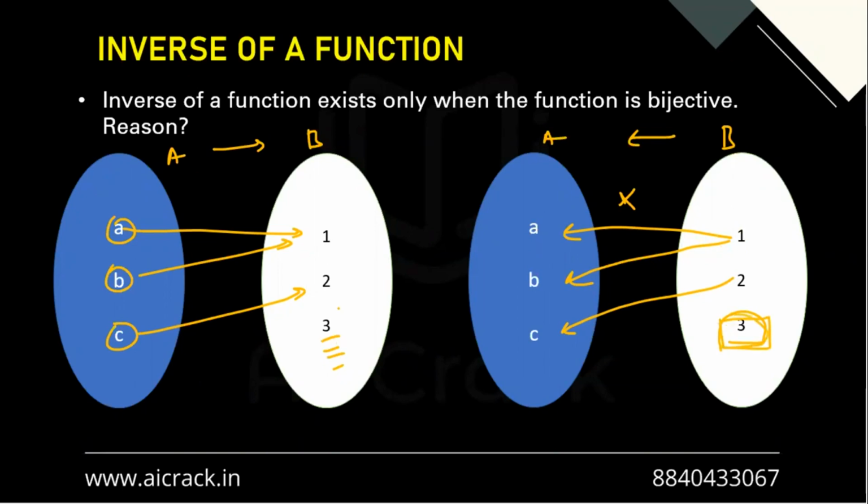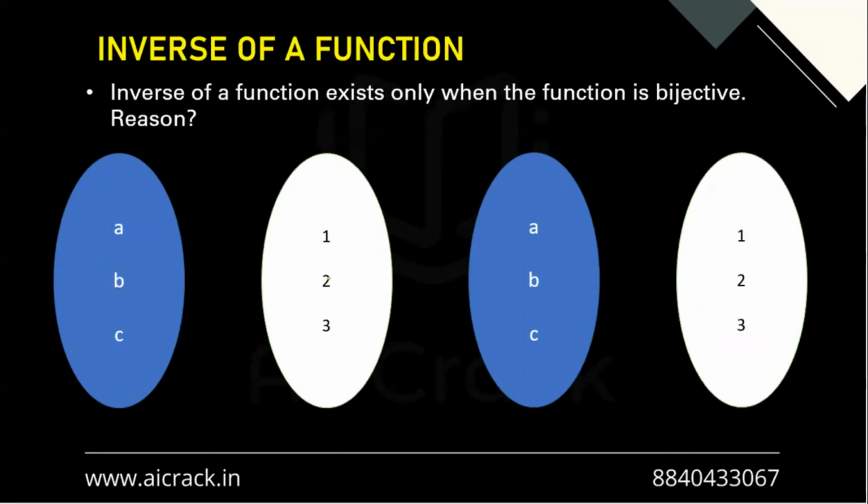Initially it was fine because B was the codomain, but here B is the domain. So in the case of functions, B is the domain and every element has to be mapped. So 3 is not being mapped, and also these are divergent arrows. So 1 is having two images in set A. That is also not possible as per the definition of a function. So that's why the inverse of a many-one function doesn't exist.